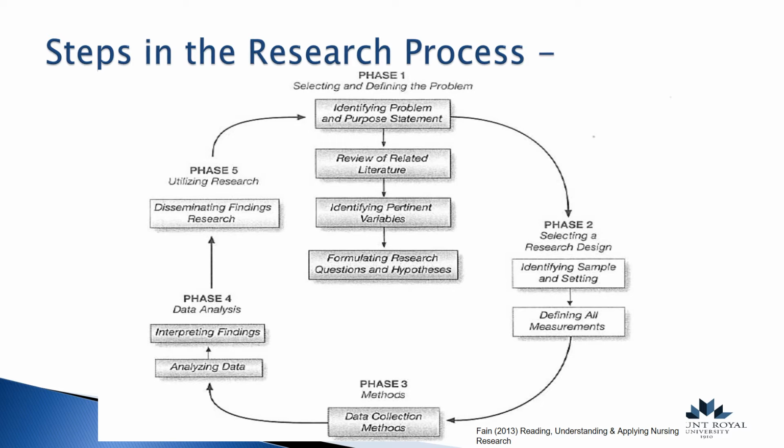Then we produce our results, and in phase 5, we're going to disseminate those findings. And this is a really, really important step, and now a step that is expected when you submit a research proposal to the Ethics Review Board.